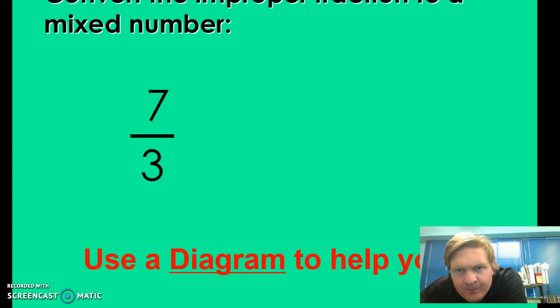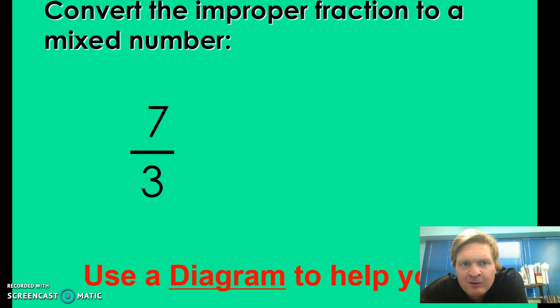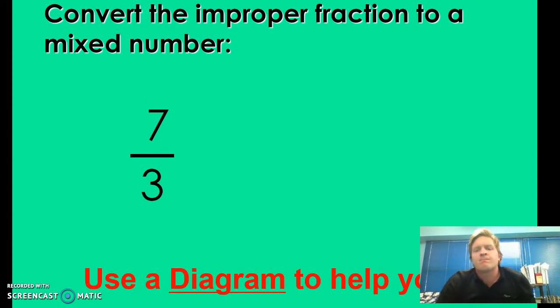Let's have a look at another one here. This time, as part of what I want you to put into your flip book, I want you to draw a diagram that would represent this. So how many parts have I got? Well, how many whole numbers am I going to have? Ask yourself. How many left over am I going to have?